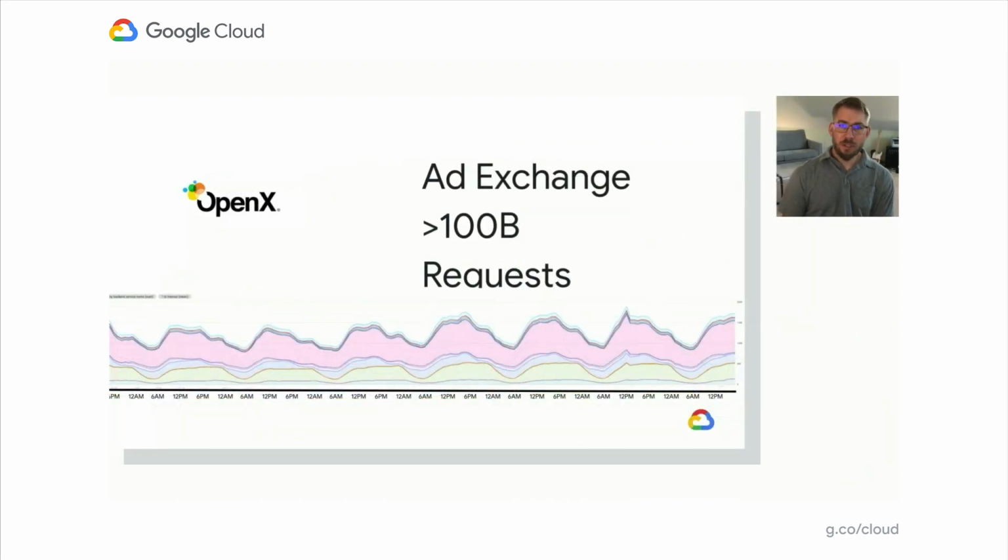We call the set of services that handle those requests the delivery system, and that comprises about half of our infrastructure cost. As you can see from the load balancer stats on the screen, we have both a daily pattern with peaks and troughs, and then a weekly pattern as well with lower traffic on weekends and higher during the week.